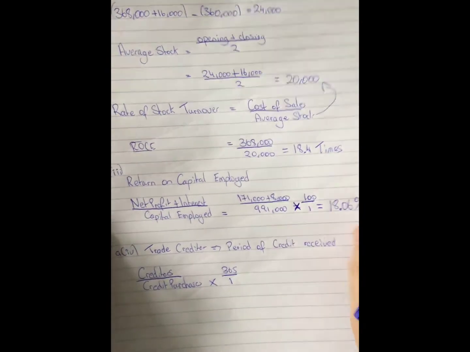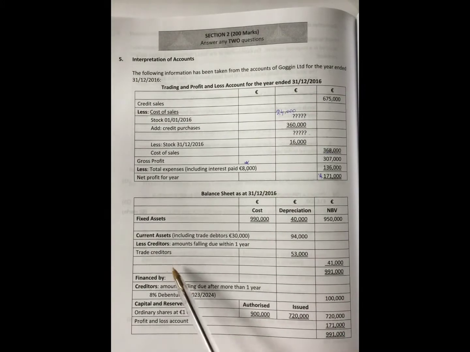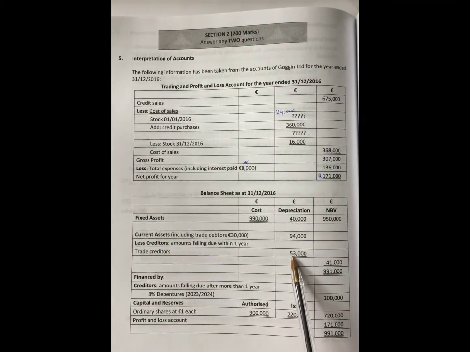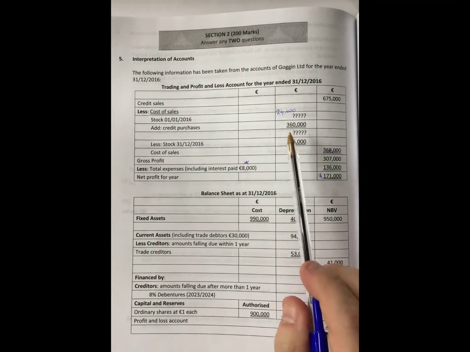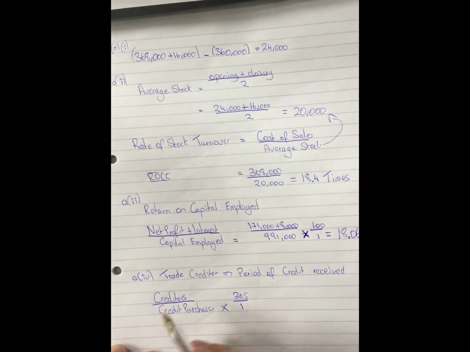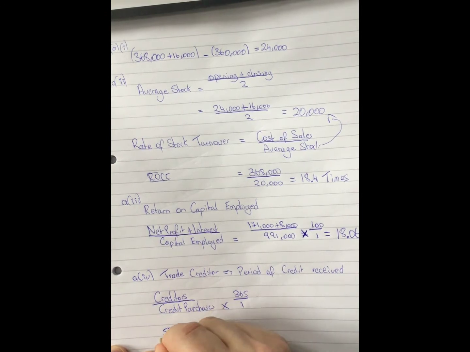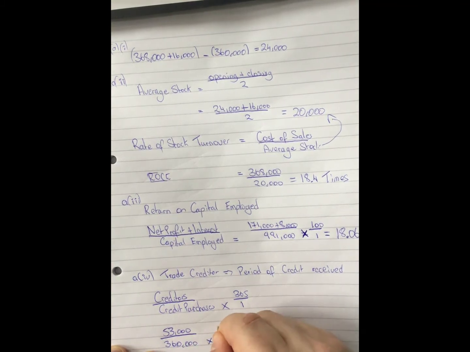Okay, so go back to these two figures. I'm looking for my creditors and my credit purchases. The creditors is here in the balance sheet of 53,000 euros, and the credit purchases are 360,000. Okay, so it's substituting those values, so 53,000 euros over 360,000 multiplied by 365 over 1.